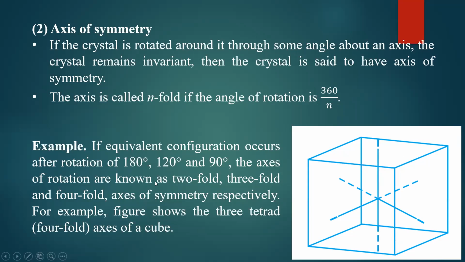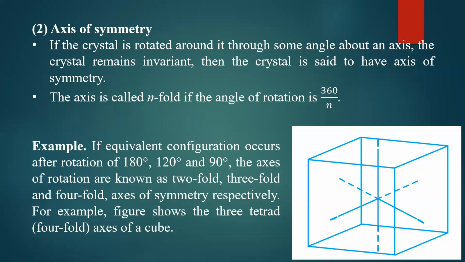Then if an equivalent configuration is observed after 120 degree rotation, the axis is said to have 3-fold symmetry. If a 90 degree rotation gives you the identical configuration, then the axis is said to have 4-fold symmetry. So here in the figure, you can observe 3 different axes which are having 4-fold symmetry.